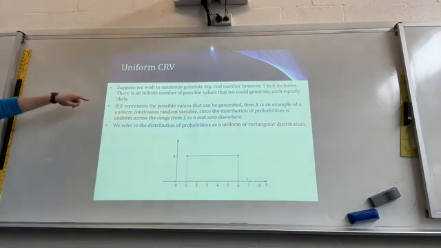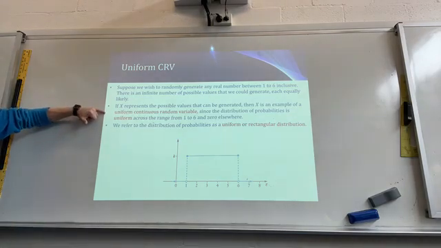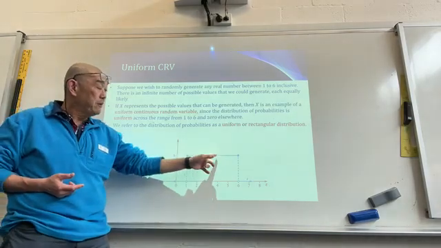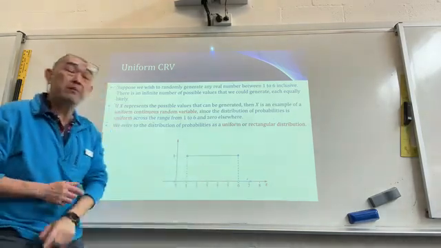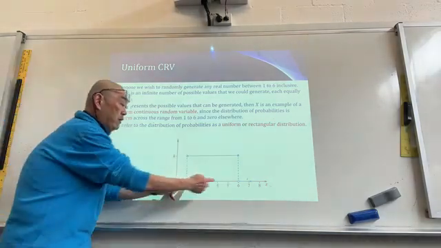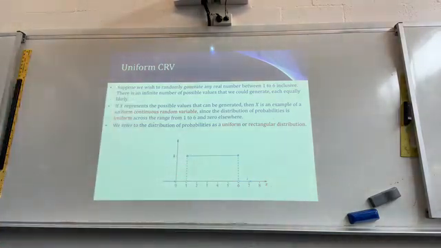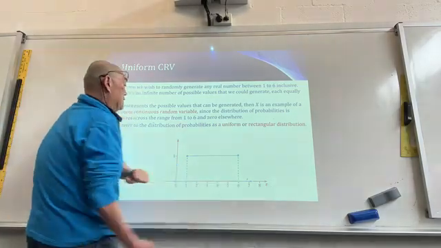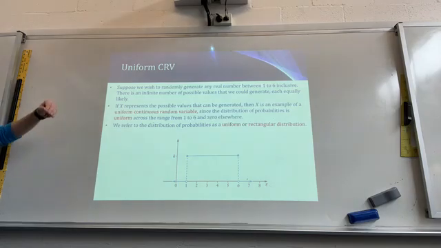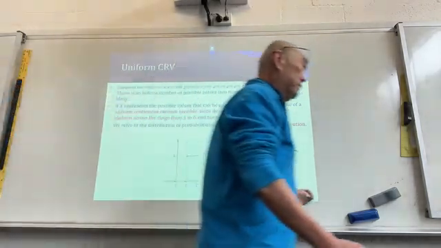If X represents the possible value that can be generated, then X is an example of a uniform continuous random variable. The probability of generating 2.5 is the same as the probability of generating a 4, or a 5 or 6 or whatever. It is uniform across from 1 to 6. It's important to realize that we are looking at 1 to 6, and we refer to this distribution of probability as a uniform or rectangular distribution.